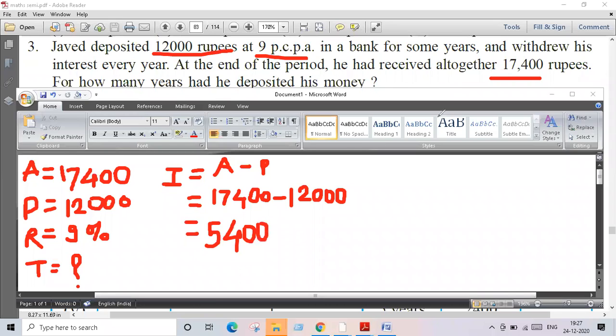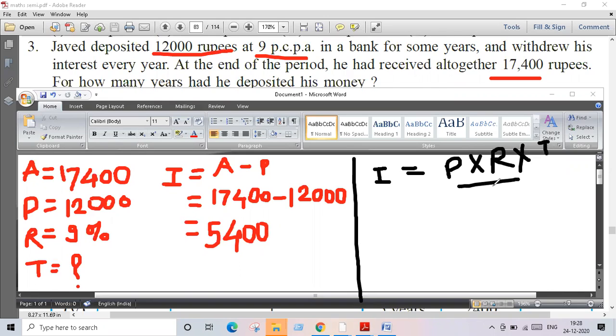Now we'll find out the T. Use the formula here, same as we did earlier. I is equal to P into R into T upon 100. Sorry, N not T, you have been given T. Earlier we were used to that: P into R into T upon 100.